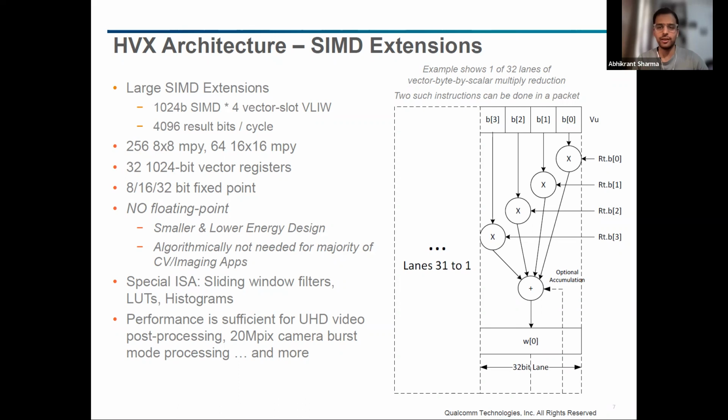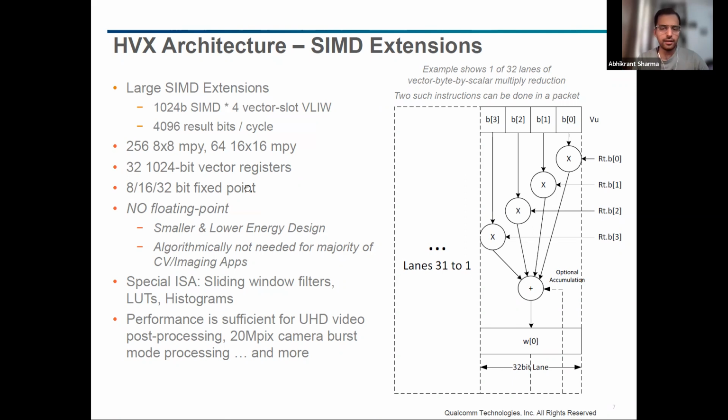When you think about it, it's a fairly large number, and that's what gives a very big advantage to HVX in sustaining the computational needs of image processing, computer vision, or video applications.